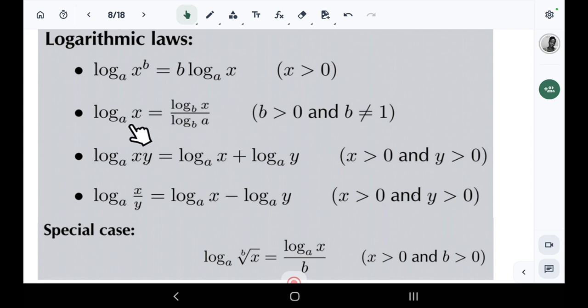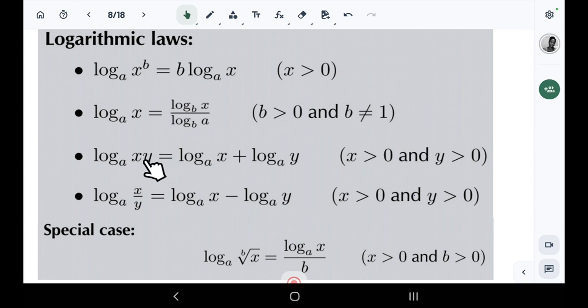That's a restriction because it makes the whole expression undefined. Now, the log of x to the base a can also be written as the log of x to the base b over the log of the original base a to the base b as well. In other words, that's changing the logarithm into a common base. So the base that you change to is b.